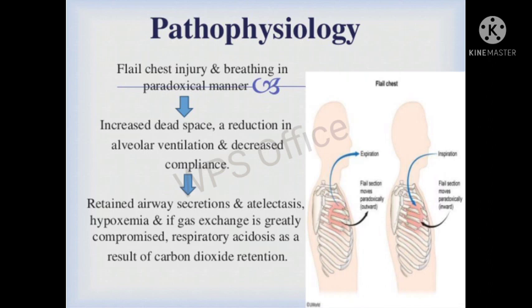Due to the increased amount of carbon dioxide, the acidity will increase and the pH of the blood will decrease. When the pH is decreased, it is known as acidosis. If there is a large amount of carbon dioxide in the blood, it will cause respiratory acidosis, and gas exchange will not be done properly.